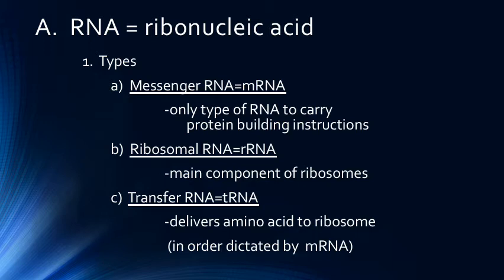And that is going to happen in the order dictated by the messenger RNA. So the messenger RNA is carrying the message to the ribosome, and then in the order dictated by messenger RNA, transfer RNA is going to transfer amino acids to the ribosome to make that protein.